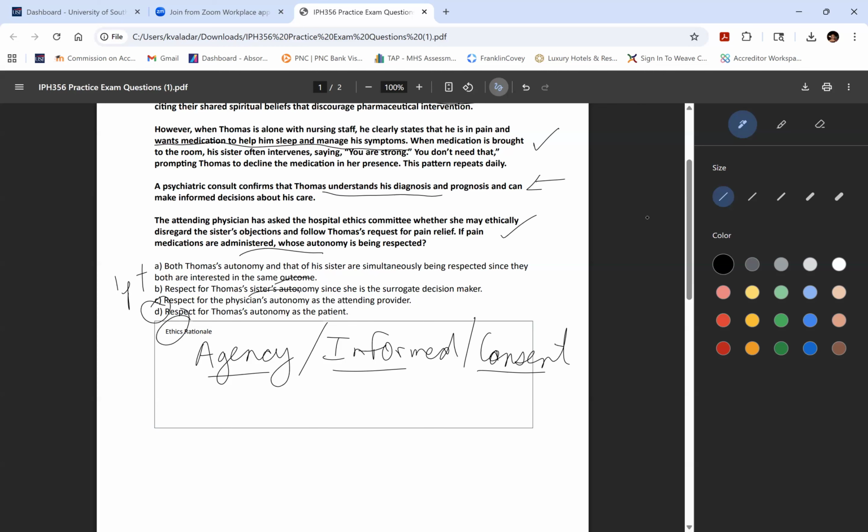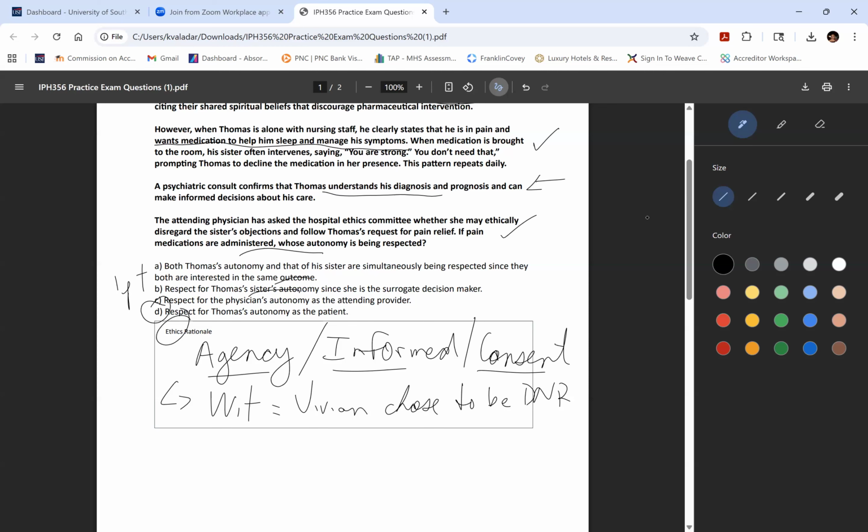Now, it also helps if you can use an example, and those examples come from anything we've covered. It could come from the documentary Wit. Could come from a reading. It could be from an example in class. Now, this case you haven't seen before, but you could say, in Wit, Vivian chose to be DNR, even though her medical issues were unfortunately progressing in a downward slope.